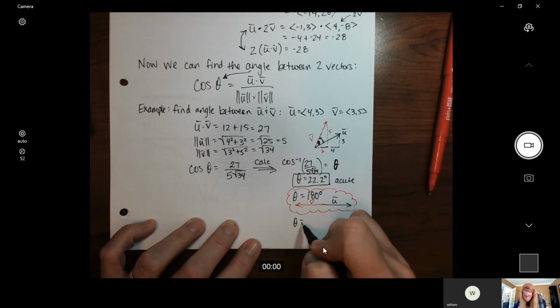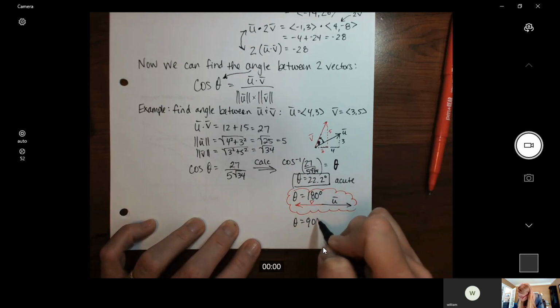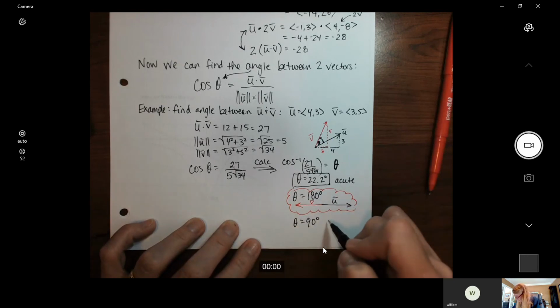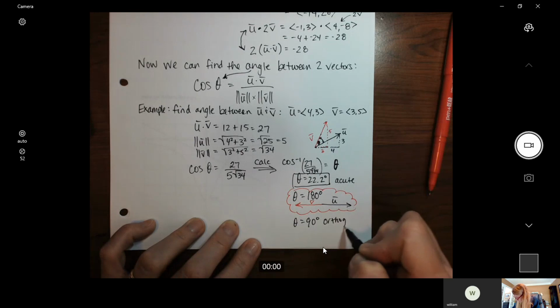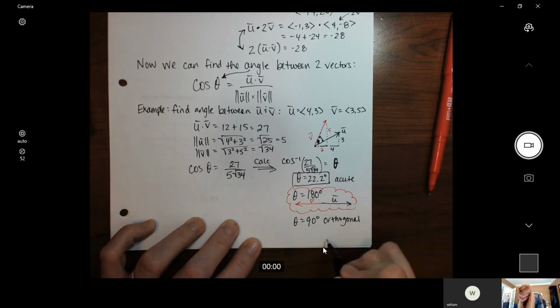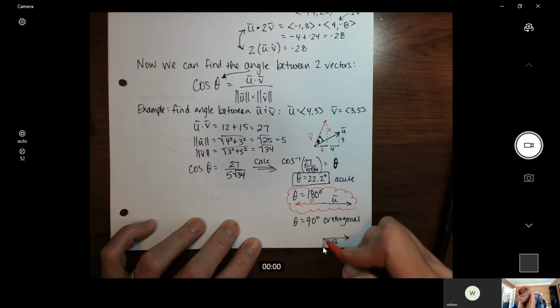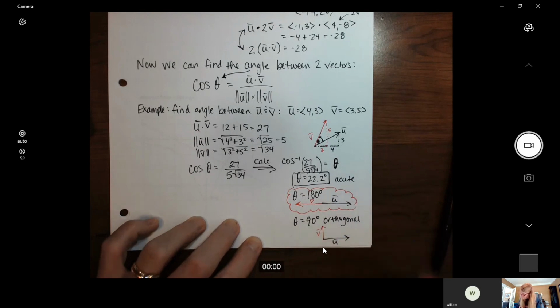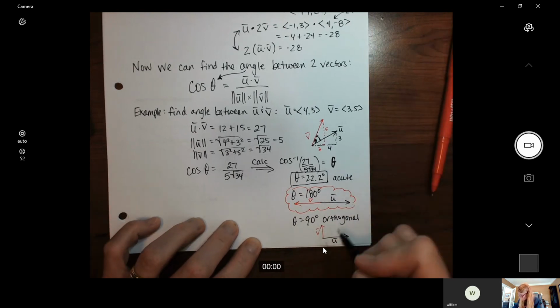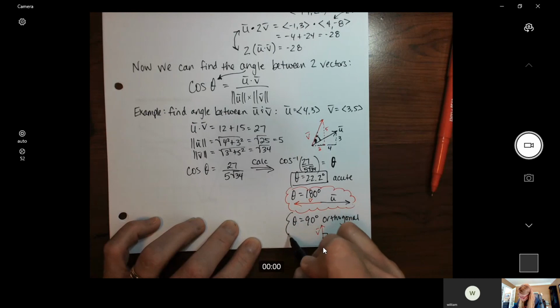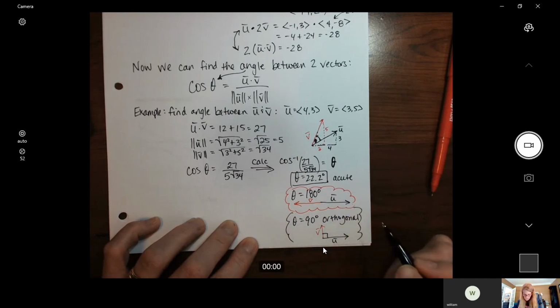If theta equals 90 degrees, then you can say your vectors are orthogonal. And so if this is U, then V would have to look like that. They would have to form a 90-degree angle. So that's another option.